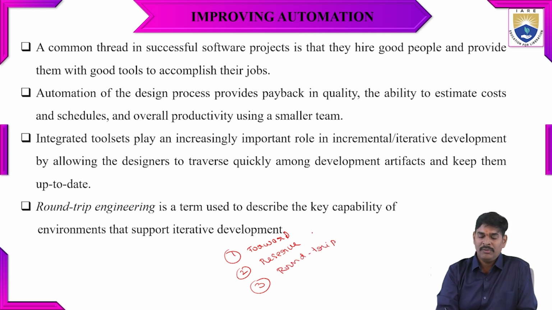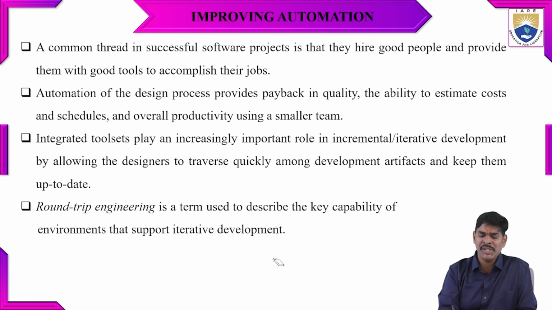Okay, so forward engineering is nothing but when you're writing the code, this code will be converted into the pictures of the models. And in reverse engineering, for example, when you're doing the packages or deployment in UML, this can be converted from the UML diagram into the code. So that is mainly used as reverse engineering. And round trip is mainly using the key capability of the environments and supporting iterative development.